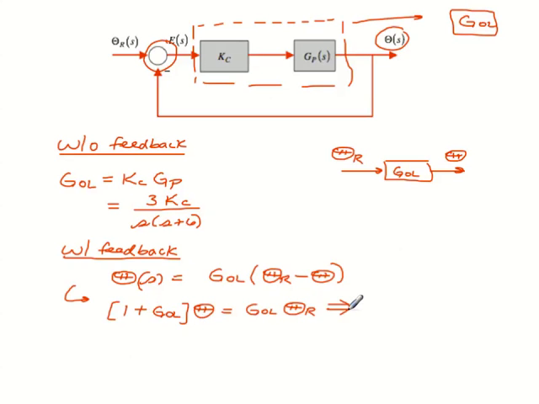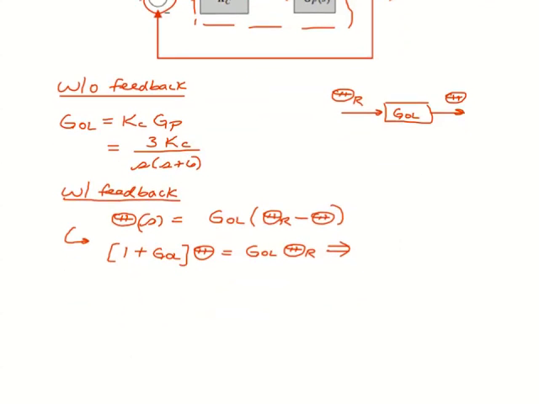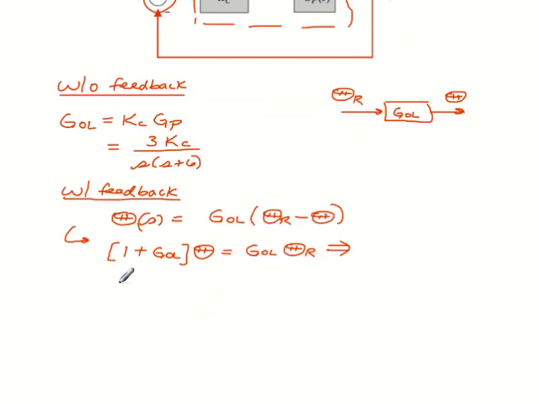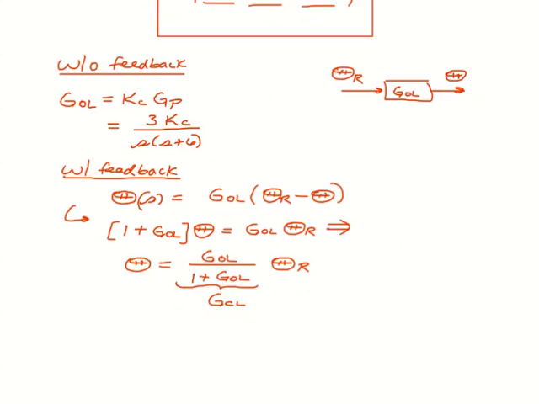From this we get a familiar looking expression: the output is equal to the open loop transfer function on top divided by 1 plus the open loop on the bottom, this being our closed loop transfer function GCL, all times our input reference angle theta r.